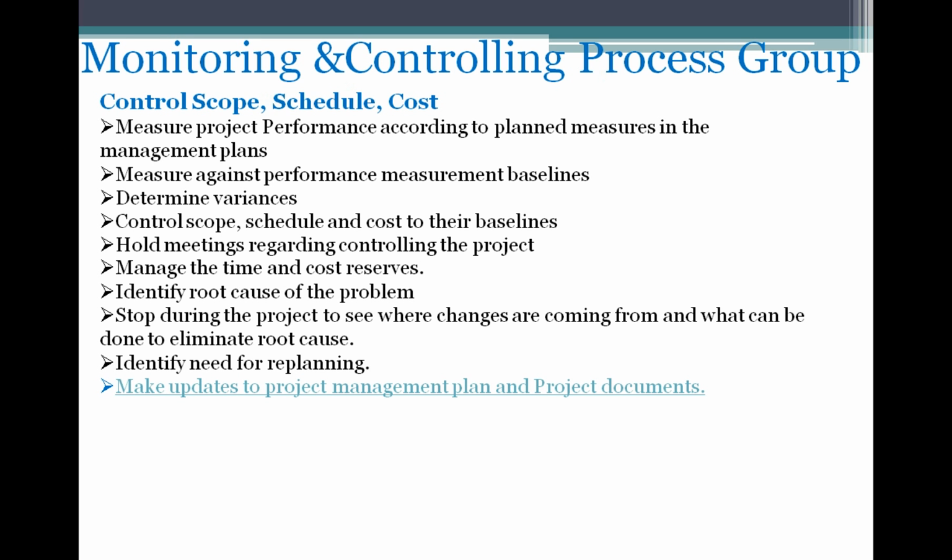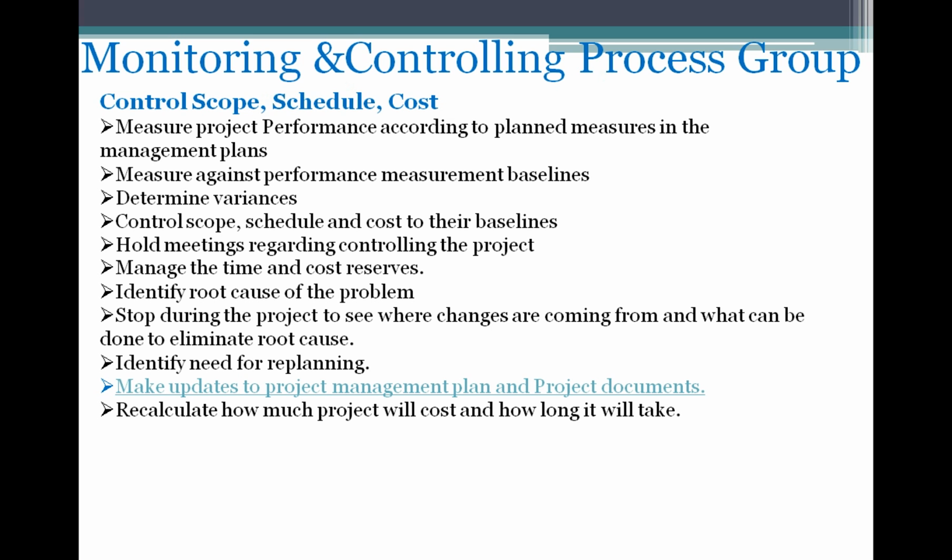But sometimes, if changes are coming very frequently, or the changes warrant changes in the project management plan, then he goes to the integrated change control system, changes the project document and re-baselines the project baseline plan.